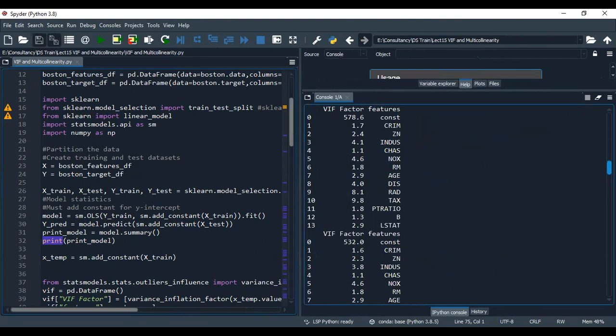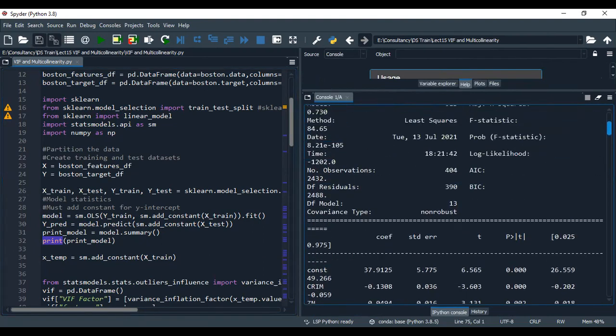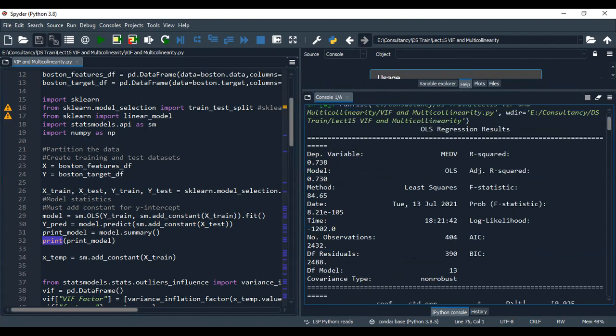This is very, very important. The statistical result you are getting from this model summary can only be generated by statsmodels, because with the sklearn linear model you cannot get these results. In that case, you need to write code to generate them.